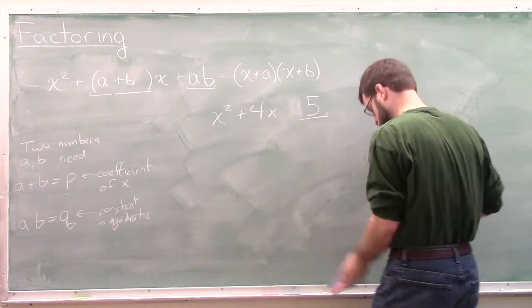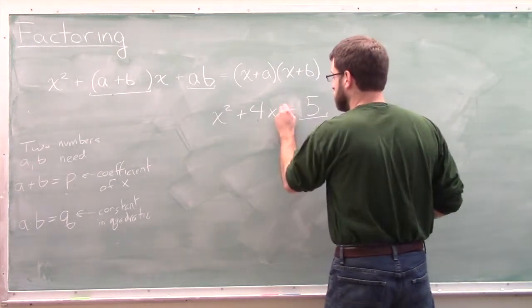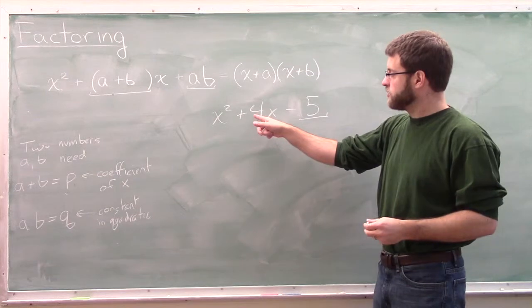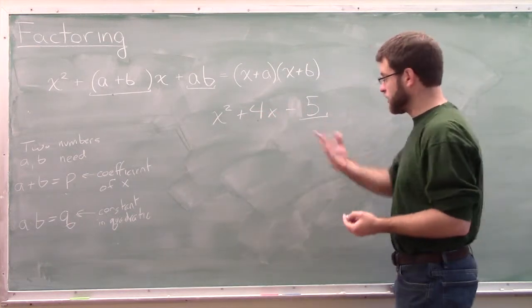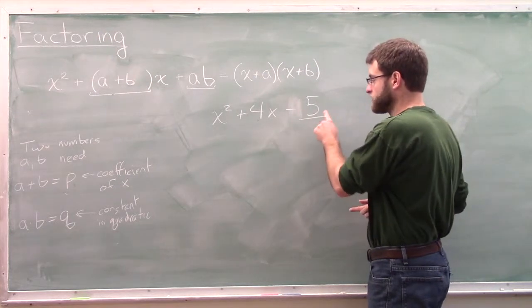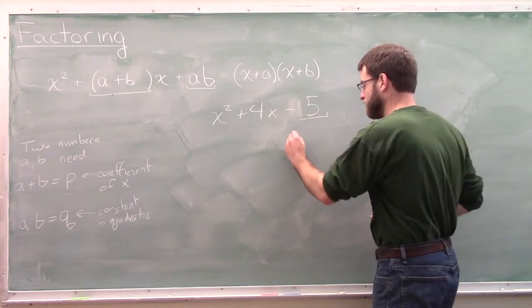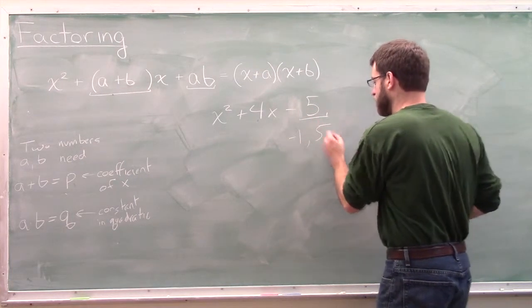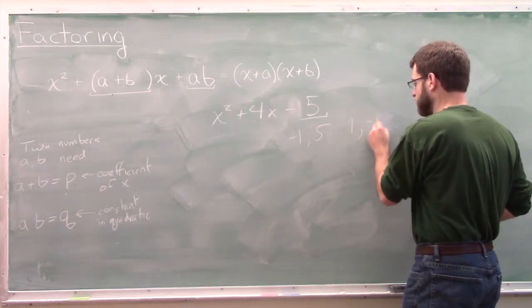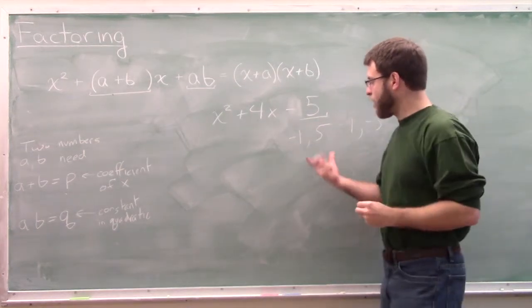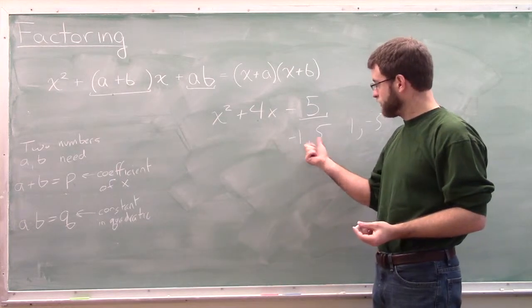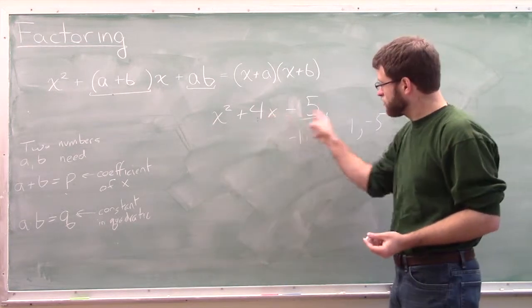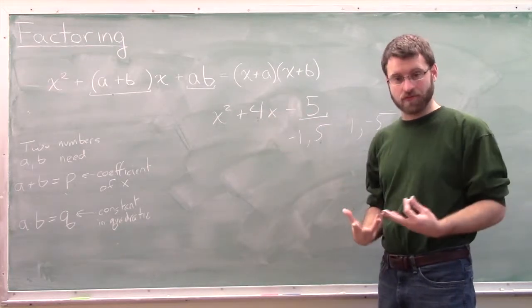Contrast that with x squared plus 4x minus 5. Here, if I think about things whose product is negative 5, I have negative 1 and 5, or 1 and negative 5. And now, there's a combination, negative 1 and 5, that adds up to 4. So this version of the polynomial does factor.